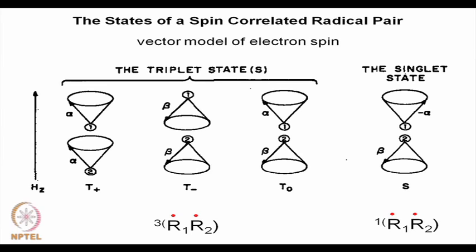But the moment your external field is applied, the spins start precessing about that axis like this, I mean this is your axis, it is precessing like this, like this. Now, this precessional frequency is very much dependent on the magnetic field it is experiencing.